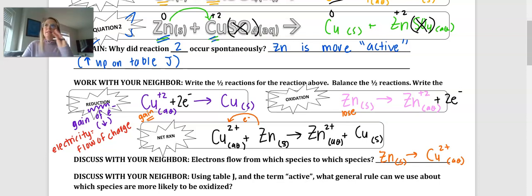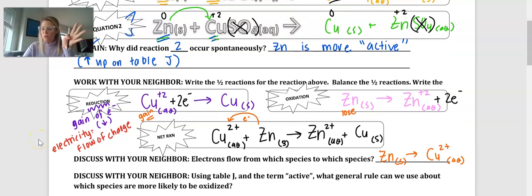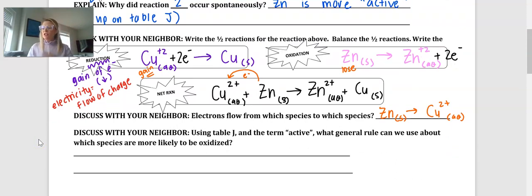Now, we're going to dig really into the battery on the next side of this notes sheet, but what I want to focus on really quickly, because this is going to help make redox reactions a little bit faster for you. Using table J and this term active that we said, what general rule can we then use about the species more likely to be oxidized?